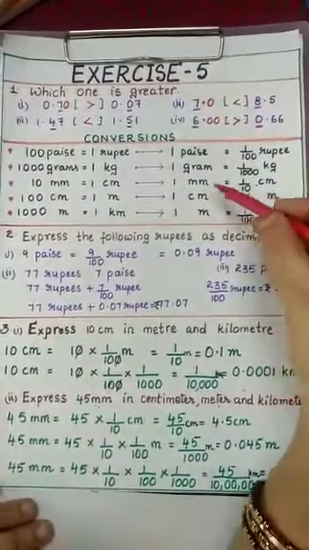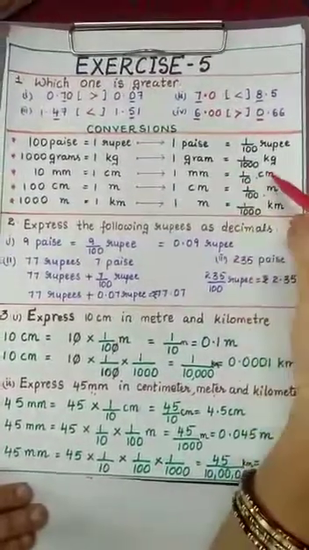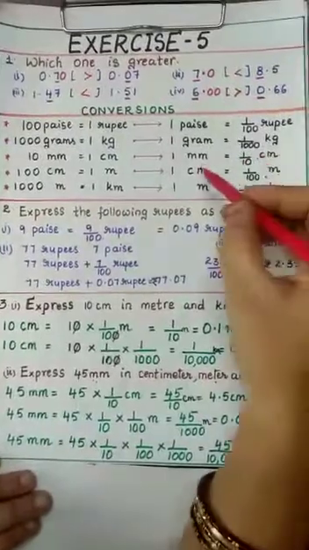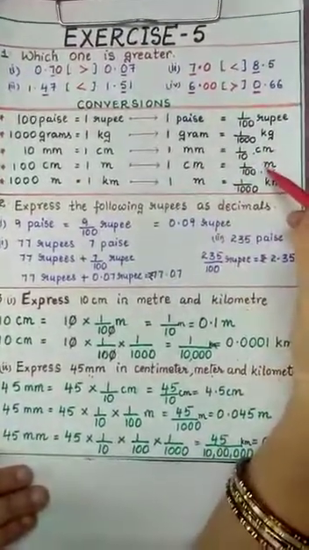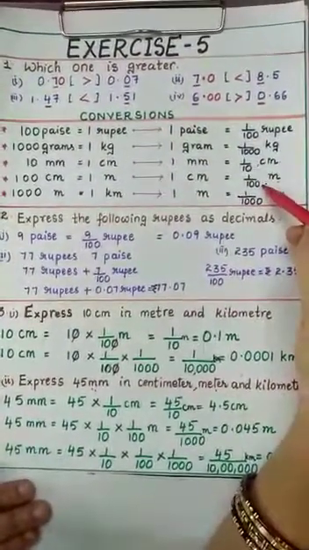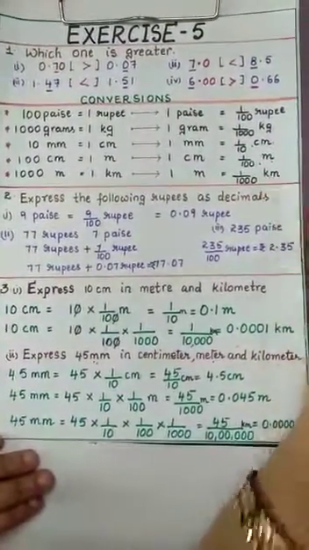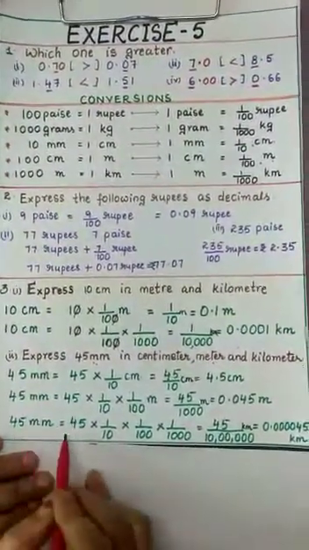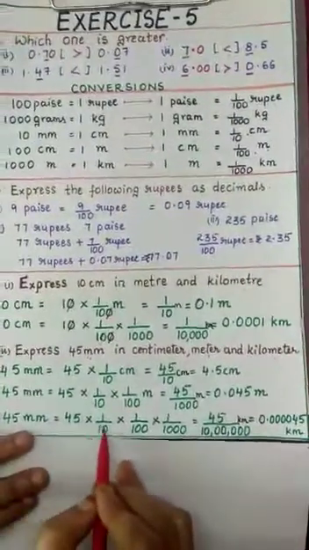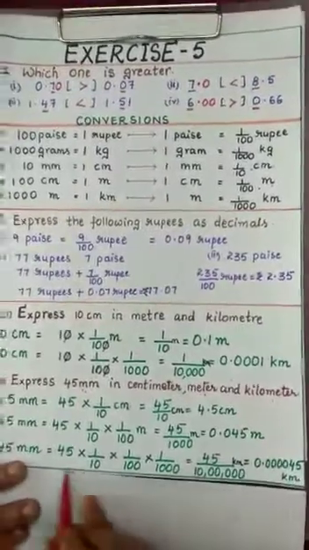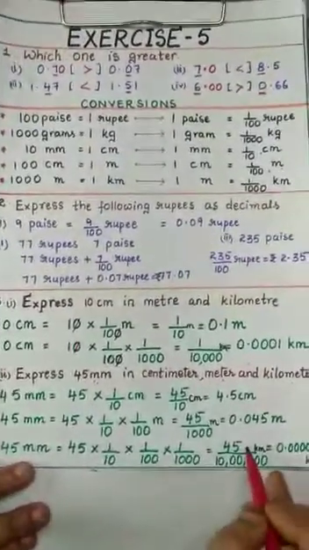Last one, the same 45 millimeters you have to convert into kilometer. So to convert millimeter to kilometer, first you have to convert into centimeter by multiplying by 1 by 10. Again the centimeters to convert into meter, multiply by 1 by 100. Again to convert meter to kilometer, multiply by 1 by 1000. So 45 millimeters equal to 45 into 1 by 10 into 1 by 100 into 1 by 1000. 45 ones are 45.